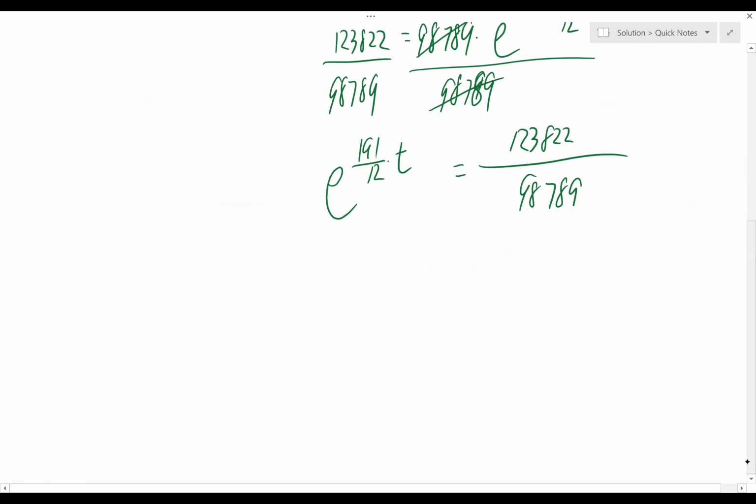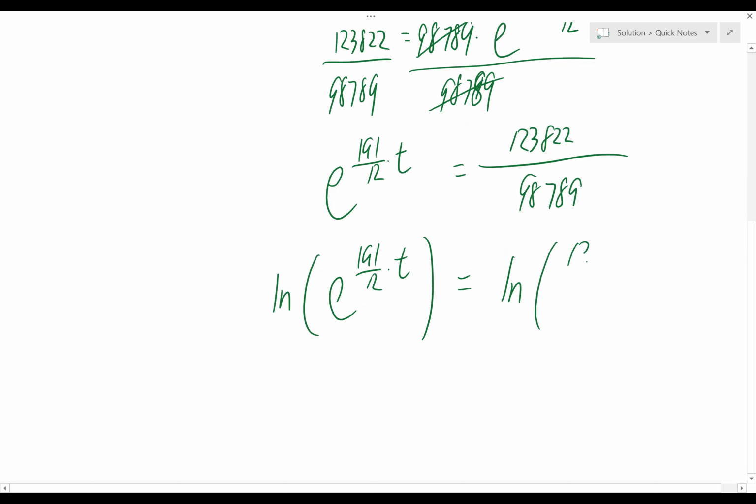And we're taking the ln of both sides of the equation. Ln of the whole thing. These two offset each other. And here's ln of 123,822 over 98,789.